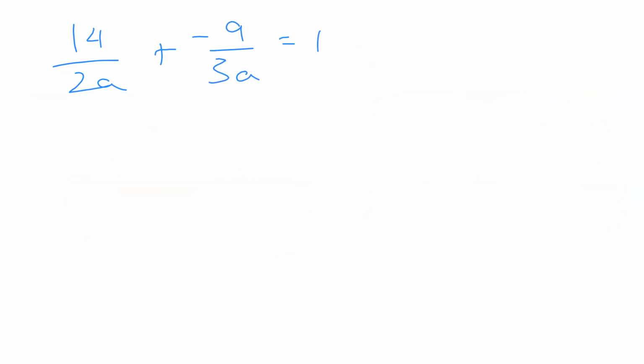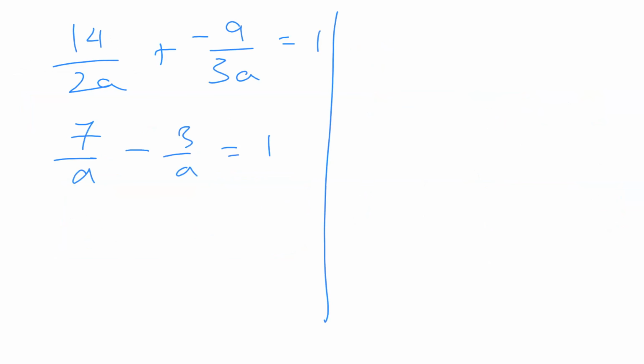So if we simplify this further, 7 upon a minus 3 upon a is equal to 1, right? So 4 upon a is equal to 1, therefore a is equal to 4.